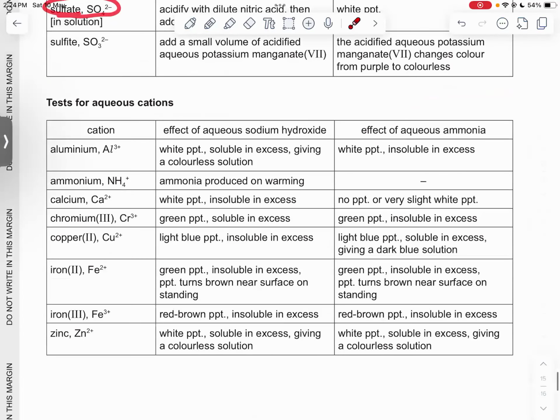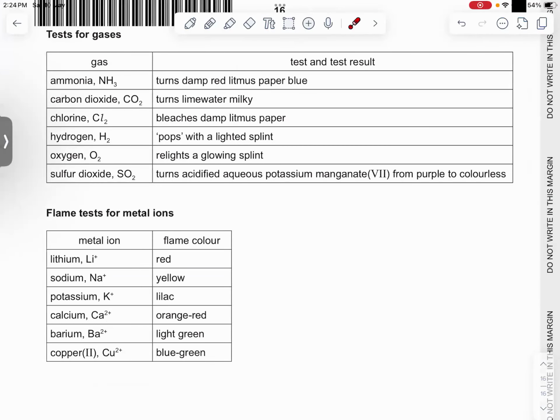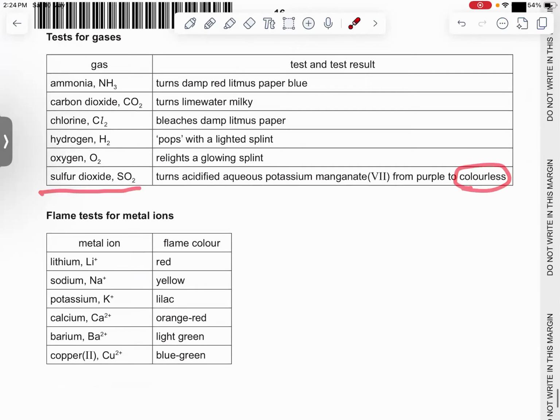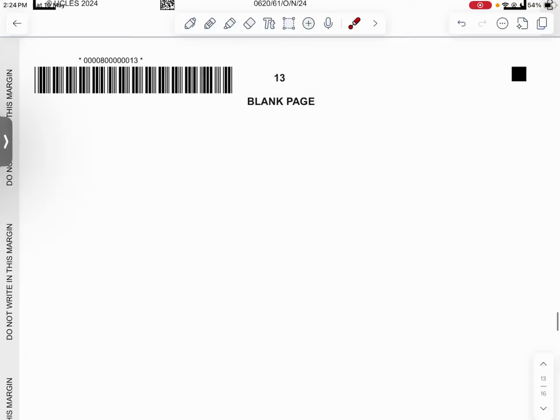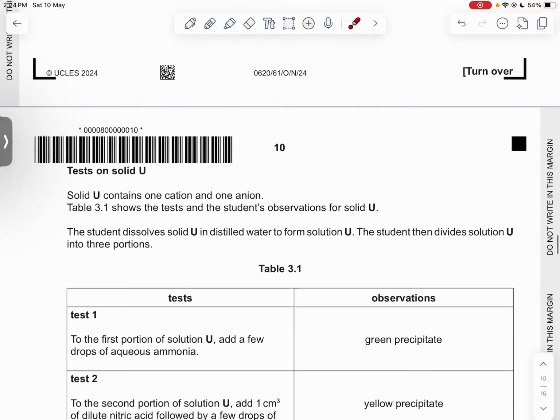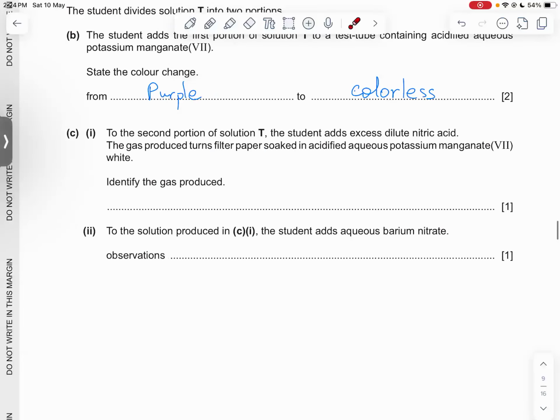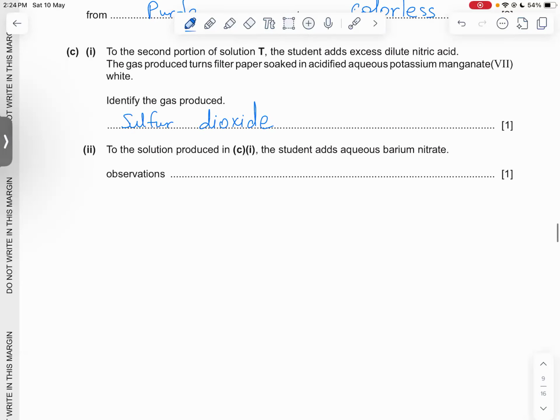You're going to go to the gases section and see which gas turns acidified potassium manganate colorless. Sulfur dioxide does. They're asking us to identify the gas, so we say sulfur dioxide.